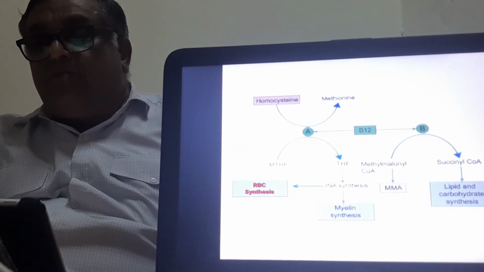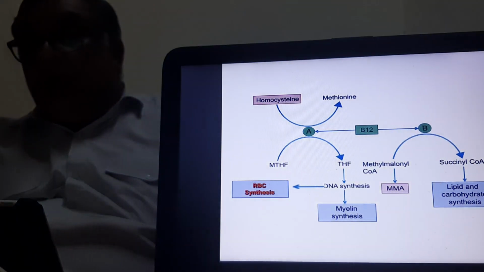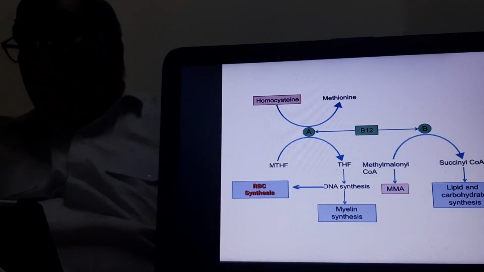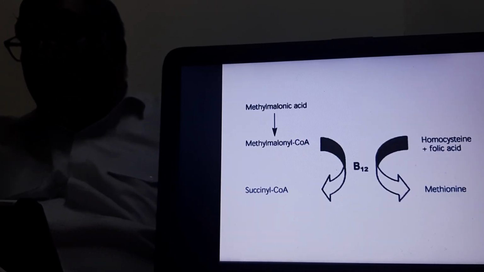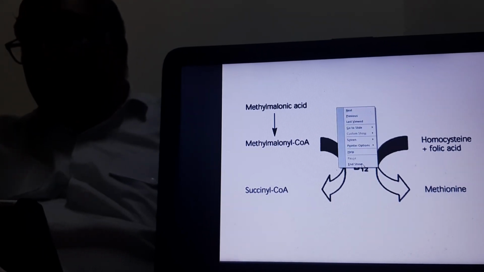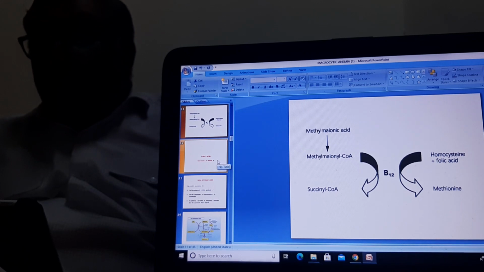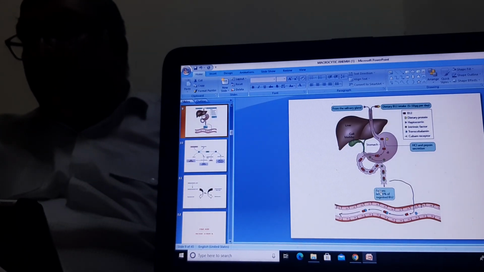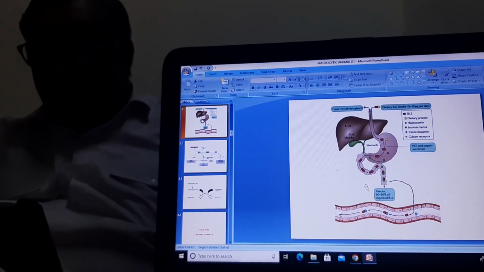So B12 changes partners. Initially it came with a dietary binding protein shown in yellow color, then it attached to haptocorin, which was secreted by the salivary glands. Then the haptocorin and B12 dissociated, and intrinsic factor, which was secreted by the parietal cells, is now attached to it.